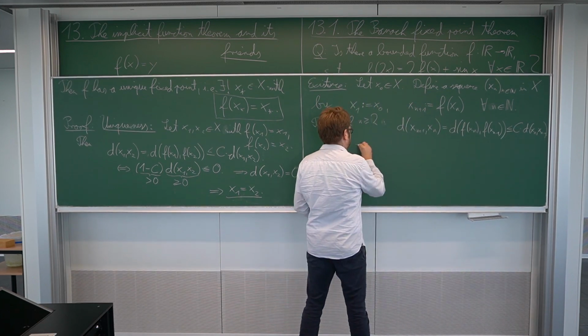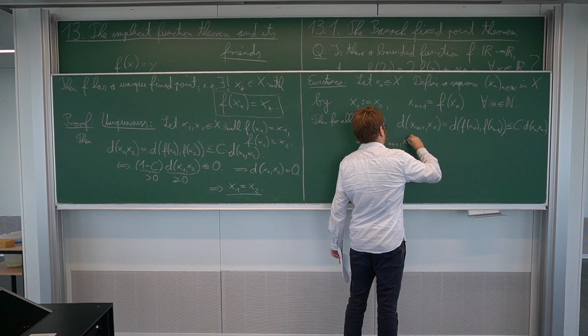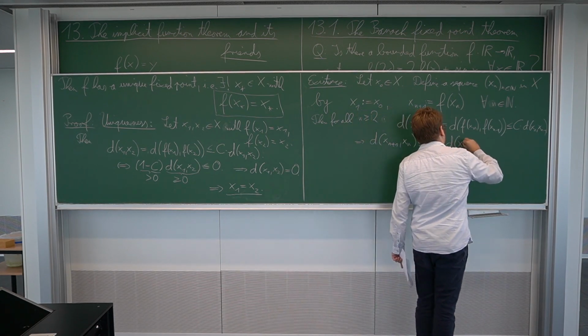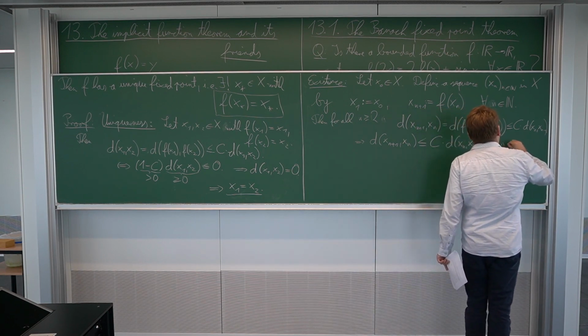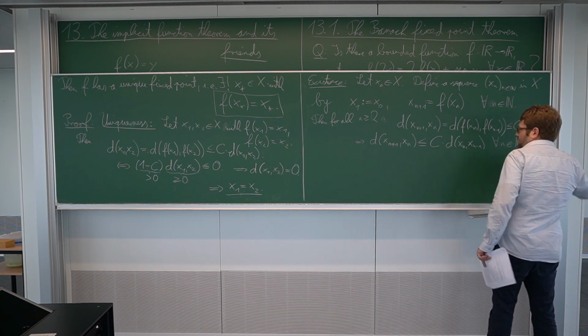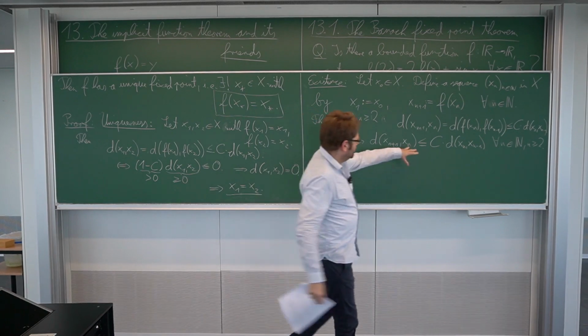So let me write this once explicitly. d(x_{n+1}, x_n) is smaller than or equal to c times d(x_n, x_{n-1}) for all n in N bigger than or equal to 2. Okay, this holds for every n.